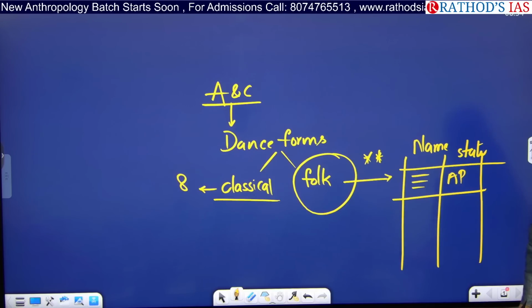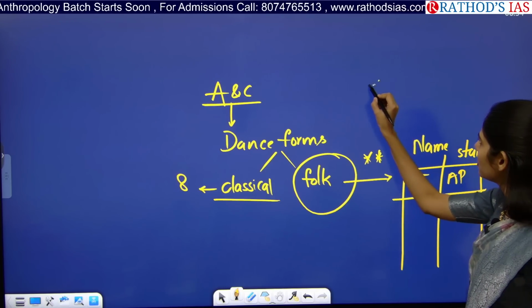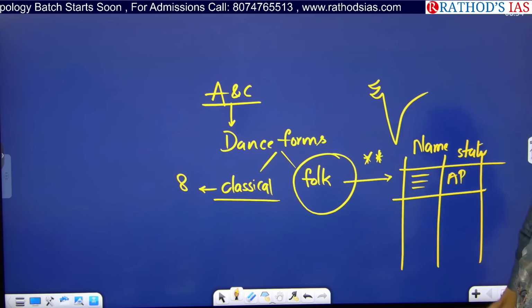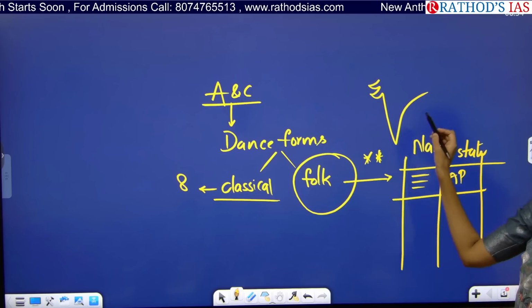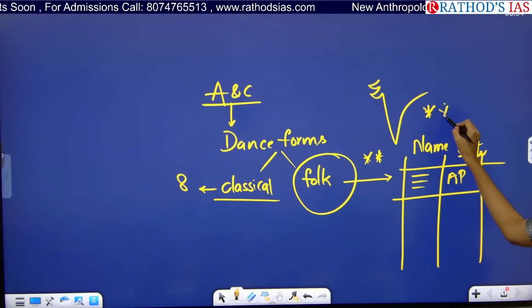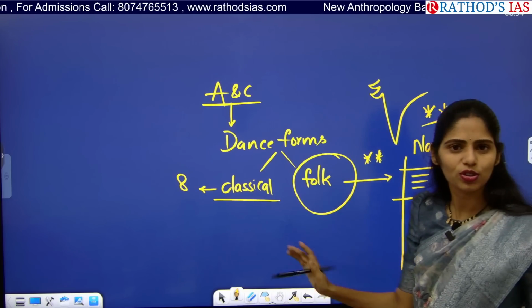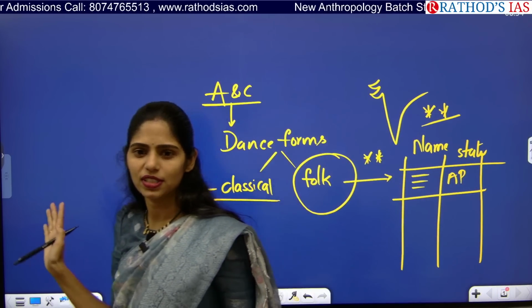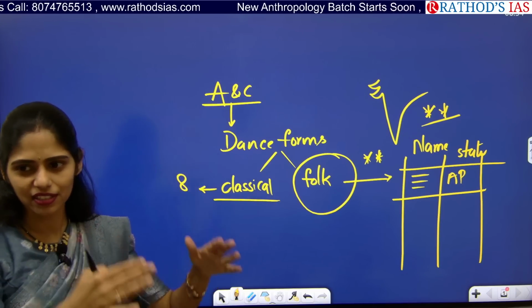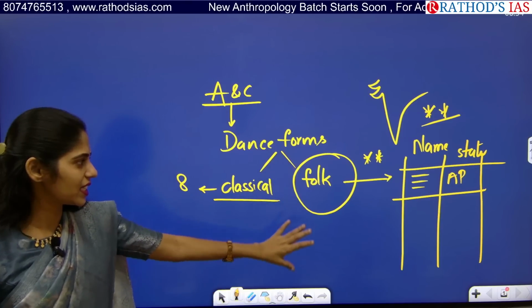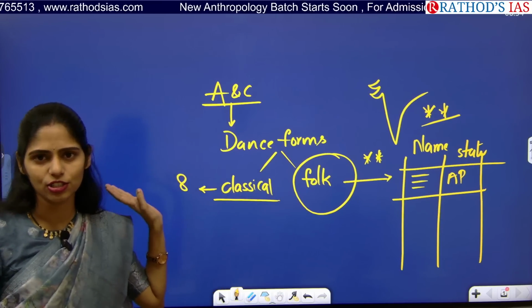Or you can take a political map of India and mark these dance forms on it. This is very important because you may get a mains-based question on these dance forms. You may also get choose-the-correct-pairs questions, and in those pairs you will get this kind of dance forms for sure from art and culture.